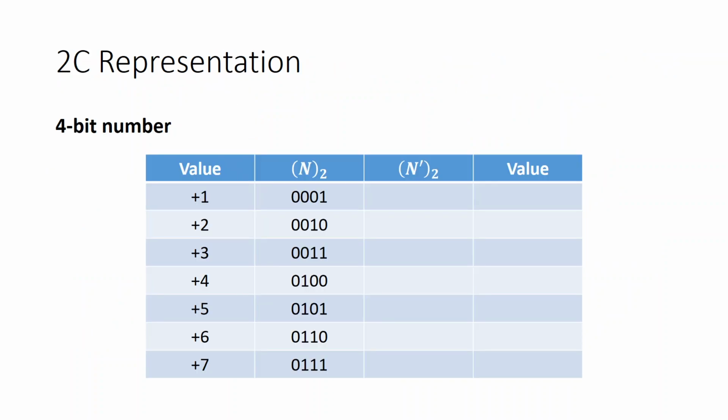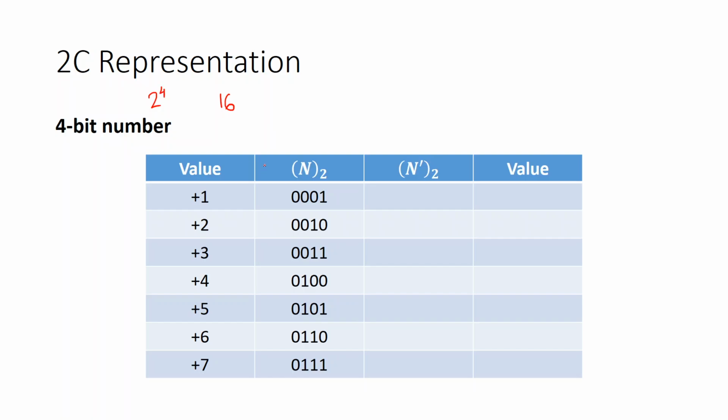We look at the 2's complement representations and the 1's complement representations for 4-bit numbers. If you have 4-bit numbers, how many total numbers can you list? You can list 16 numbers, 2 to the power of 4.